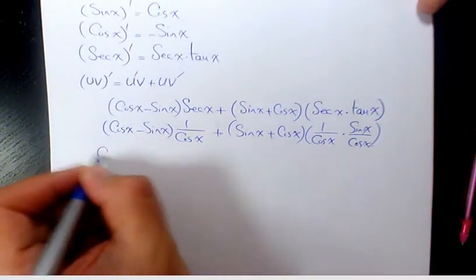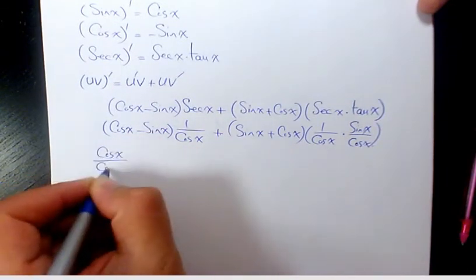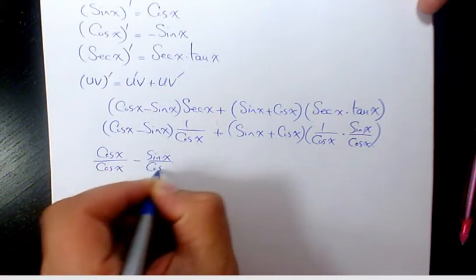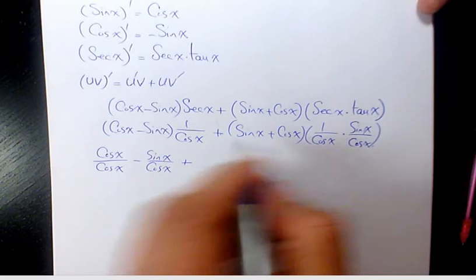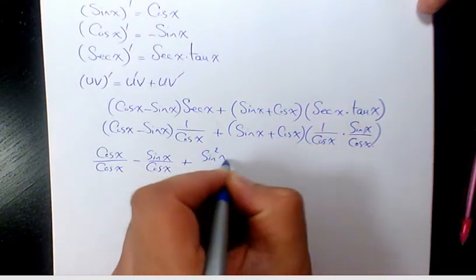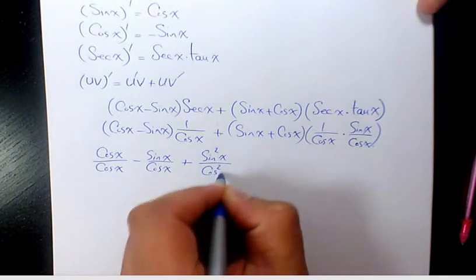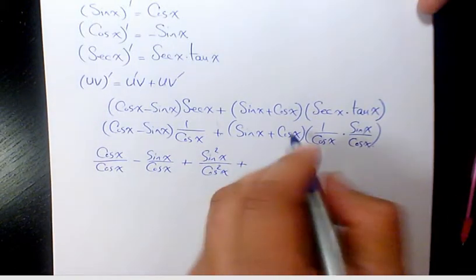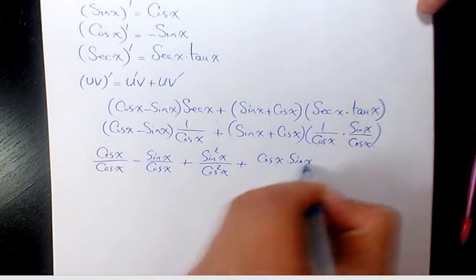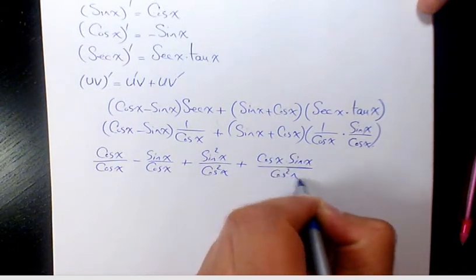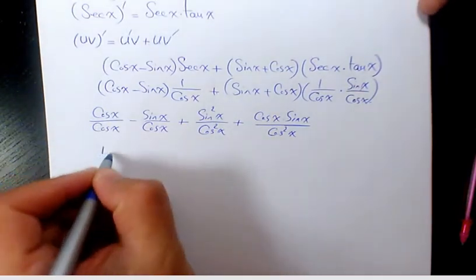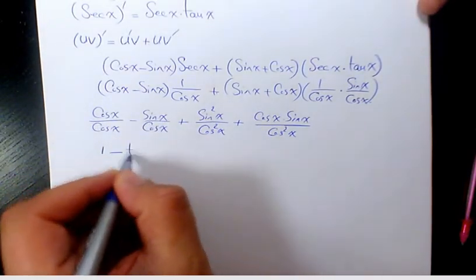So that's going to be cosine x over cosine x minus sine x over cosine x, plus sine squared x over cosine squared x, plus cosine x times sine x divided by cosine squared x. So when you simplify it, this one is going to be 1 minus sine x over cosine x, which is tan x.